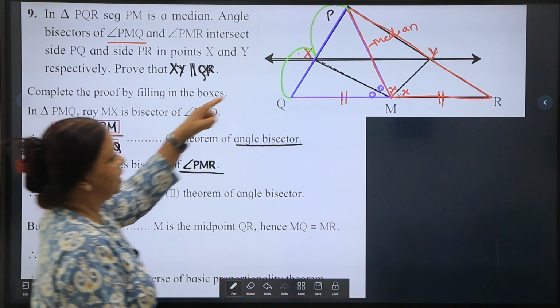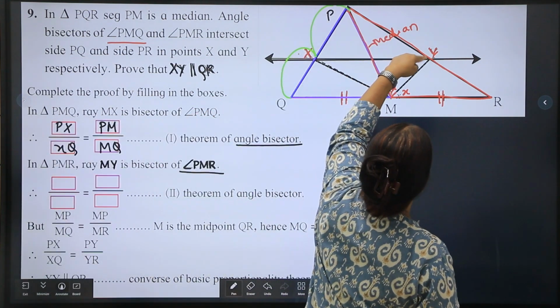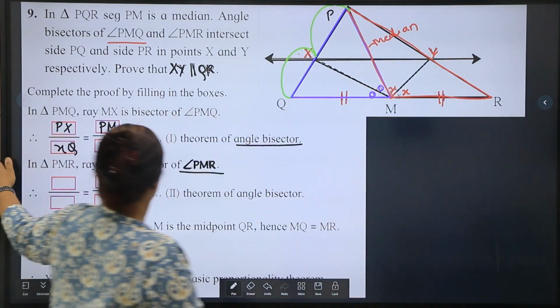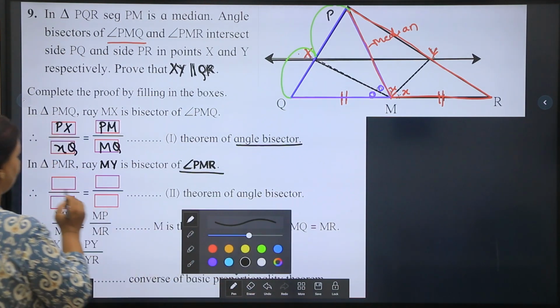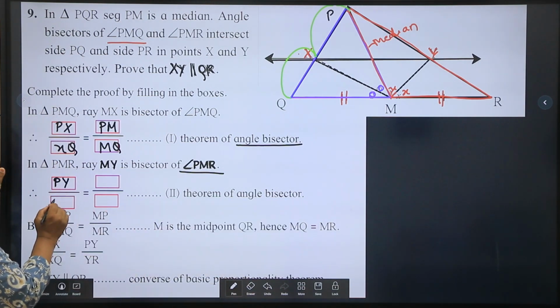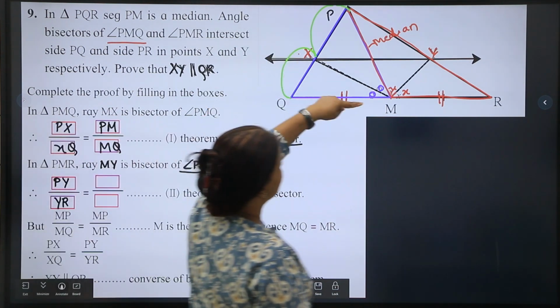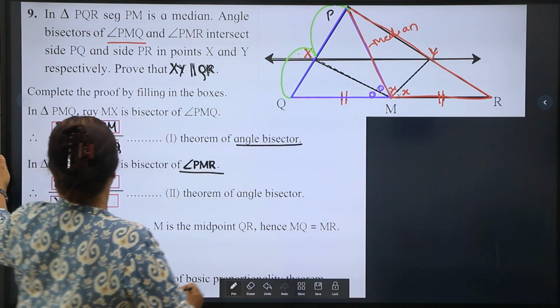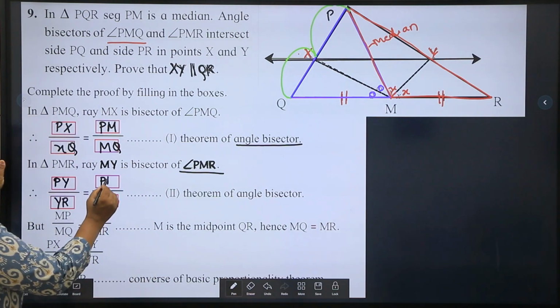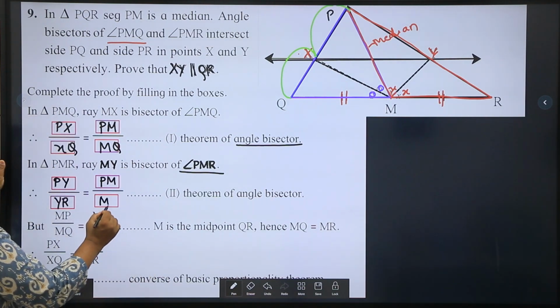So therefore we can write PY upon YR is equal to PM upon MR.